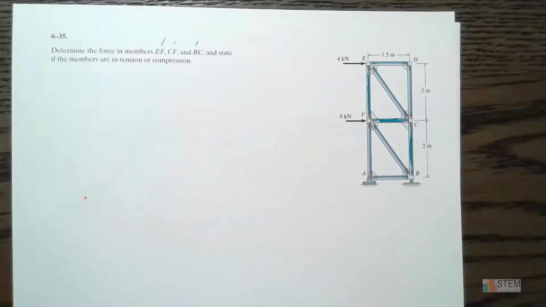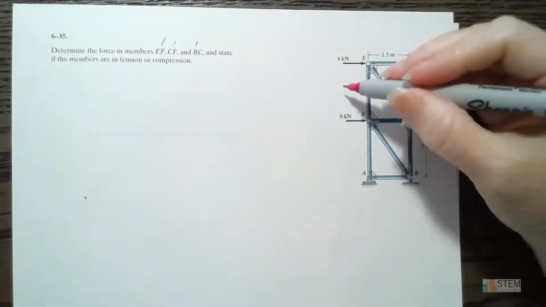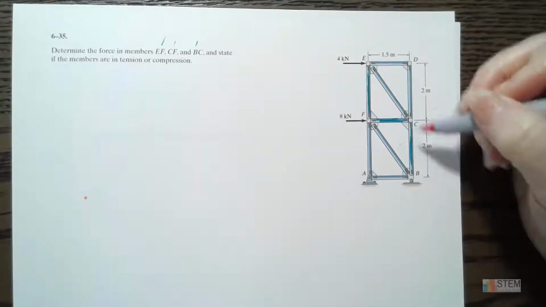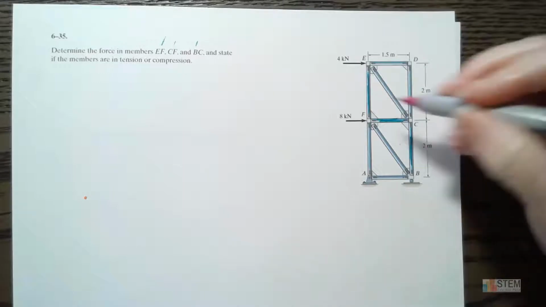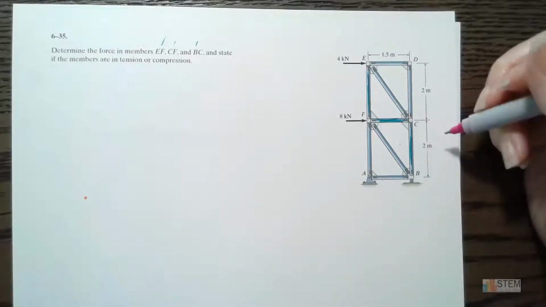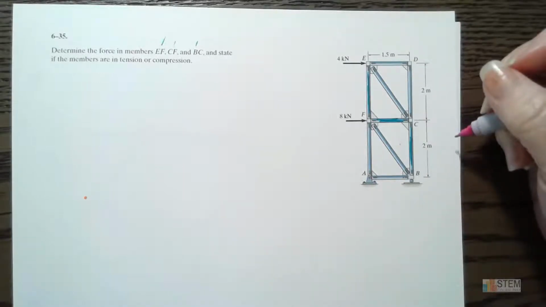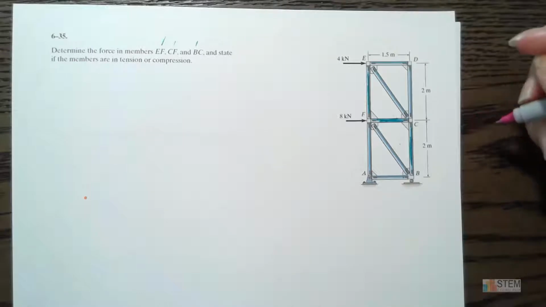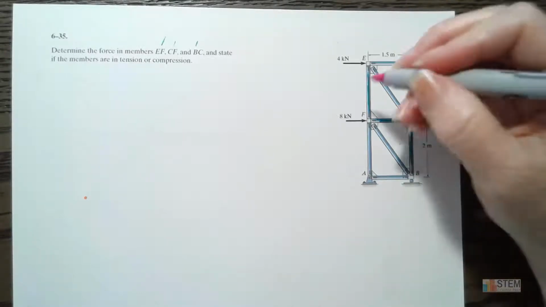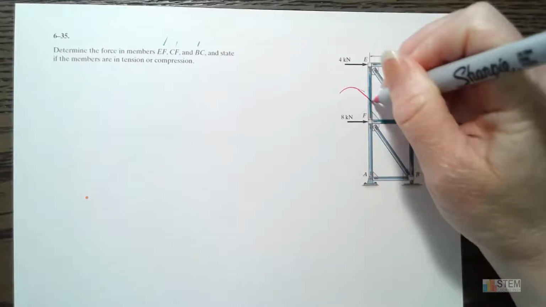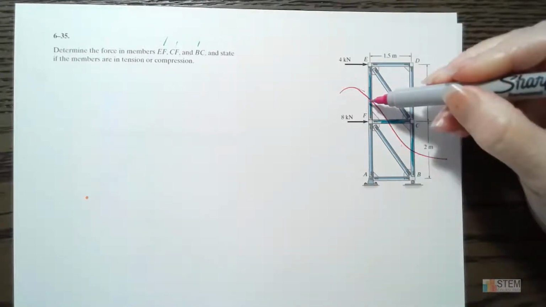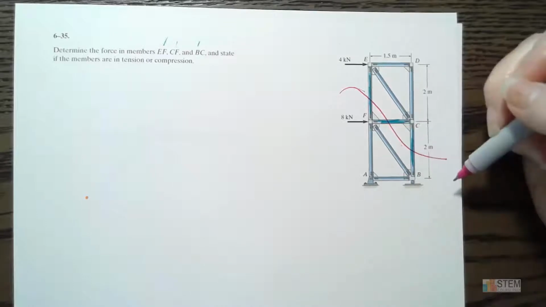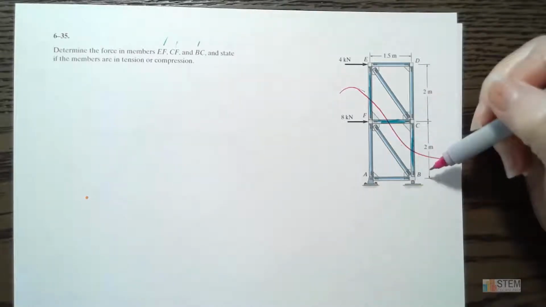Now the goal for method of sections is to section this truss so that we go through the three unknowns. At most we can go through three unknowns. Now, can you figure out how we could section this and make that happen? Well, what if we did something that looks like this? This goes through the three unknowns we want, and it doesn't go through anything else.